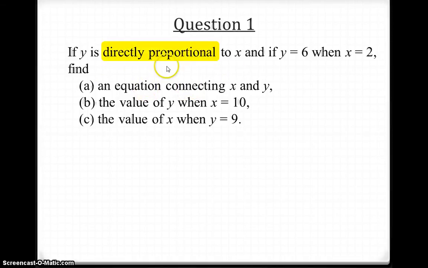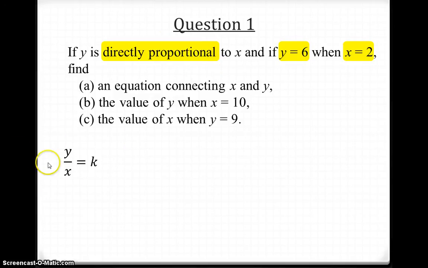So in this case, let's look at the information first. y is directly proportional to x, and they given us y equal to 6, x equal to 2. These are all the information given by the question. You can highlight it, you can underline it, but make sure you read through the information. So direct proportion.